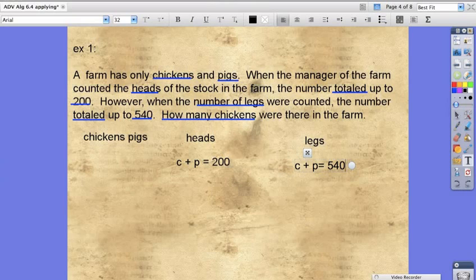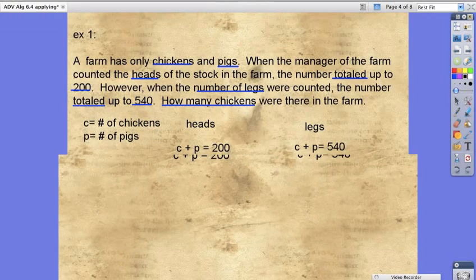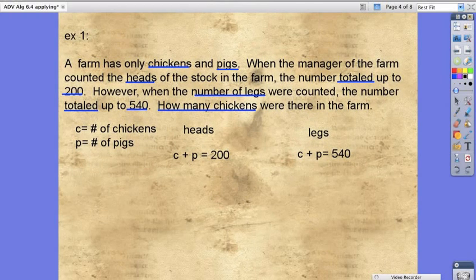For the legs, we could start by saying it's the same thing, but we'll soon find out that, well, if C is equal to the number of chickens and P is equal to the number of pigs, then that couldn't possibly be equal to 540 because we know that there are 200 chickens and pigs.